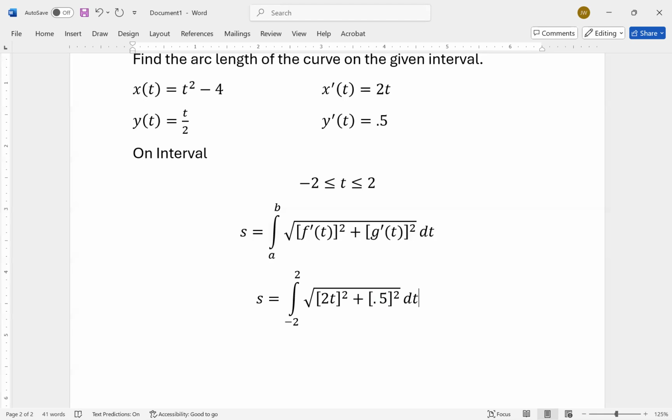It's not the greatest, but it is doable. And you'd have to use some trig substitution, I believe. I got about 8.41 as the arc length from -2 to +2.